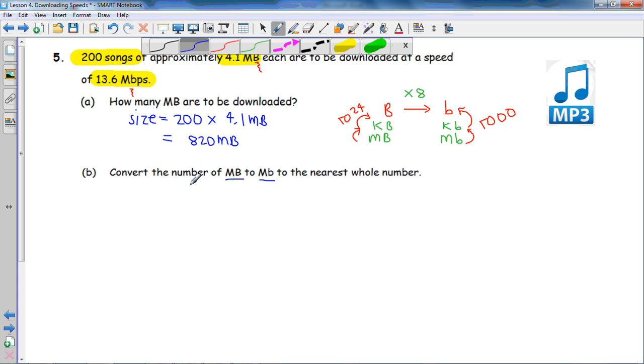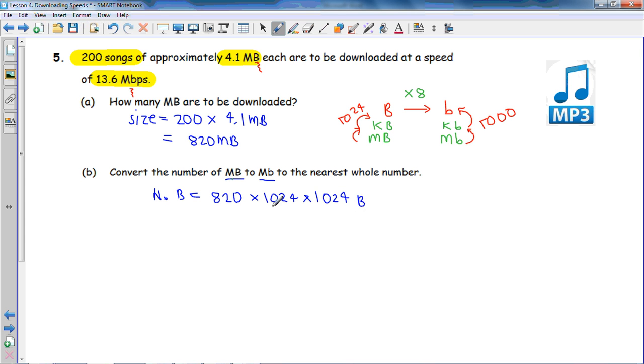So let's do that. So we have number of bytes. We're going to start with 820 megabytes. We're going to multiply that by 1024. We're going to multiply it by 1024 again to get to bytes. Our first conversion was to kilobytes. Our second conversion is to bytes. They're going to be big, large numbers, so make sure you're careful when you're writing them down.